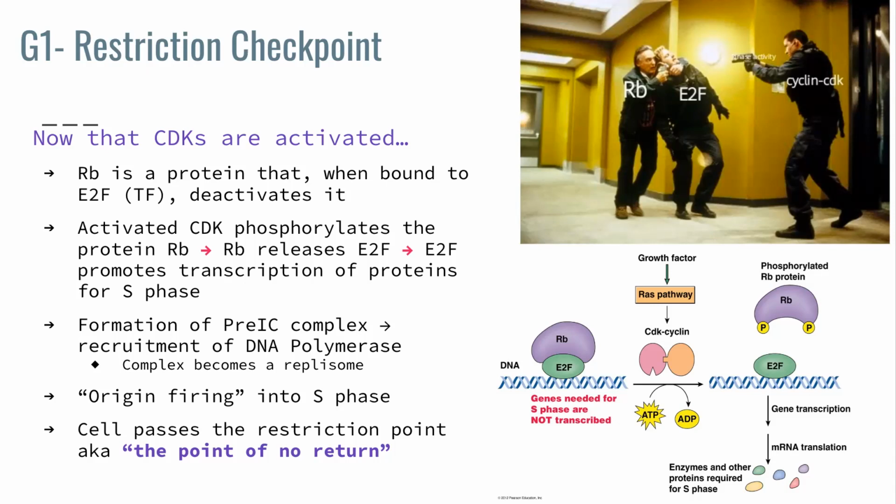And then E2F can promote transcription of proteins required for S phase. That leads to the formation of the pre-IC complex and the recruitment of DNA polymerase. And then the complex becomes a replisome. So this is origin firing into S phase, and the cell has passed the restriction point, aka the point of no return, so the cell must either completely divide or die.